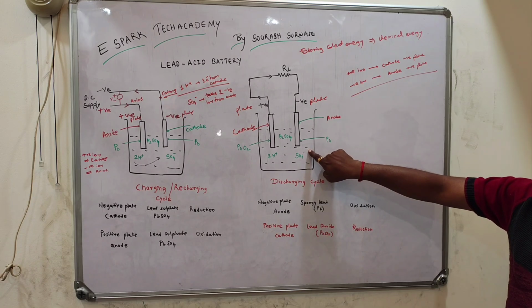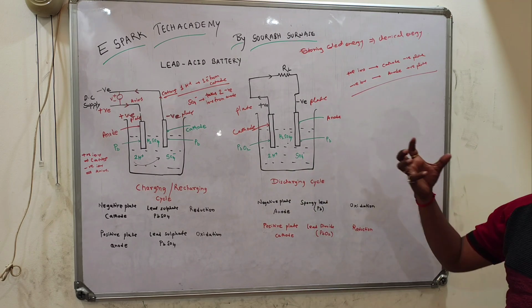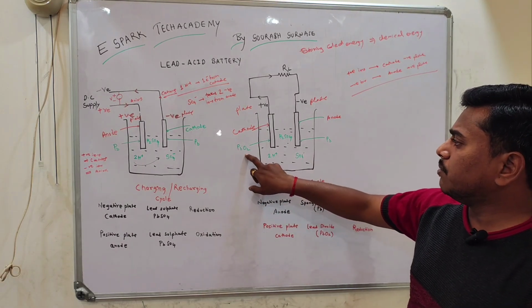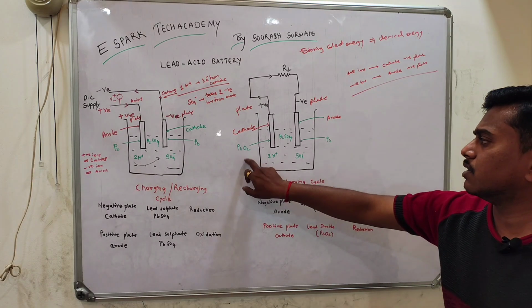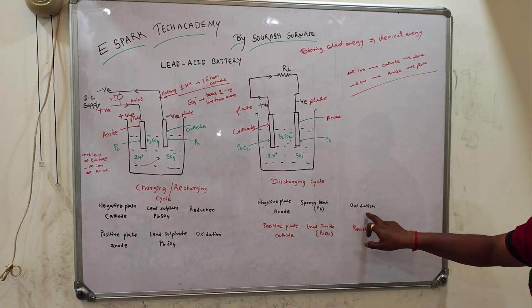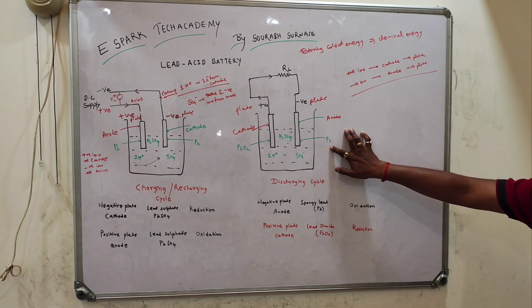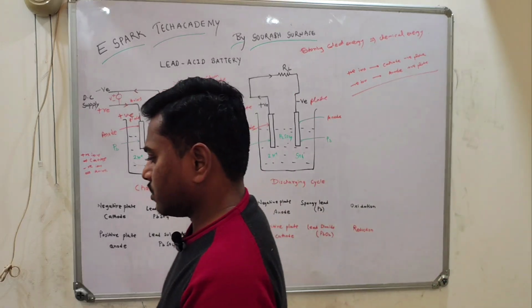Water reacts with that plate, and due to that oxidation is formed. PbO2 is lead dioxide, which is formed here, and at the anode the oxidation is formed at spongy lead. Lead is denoted by Pb. You should know these things.